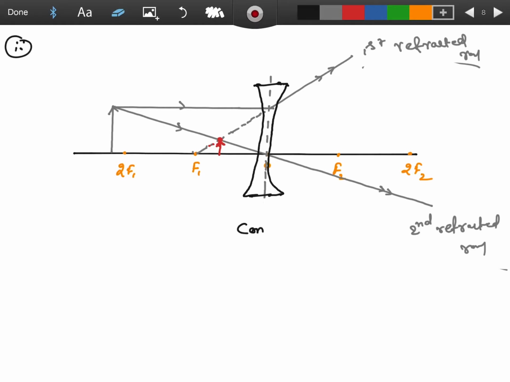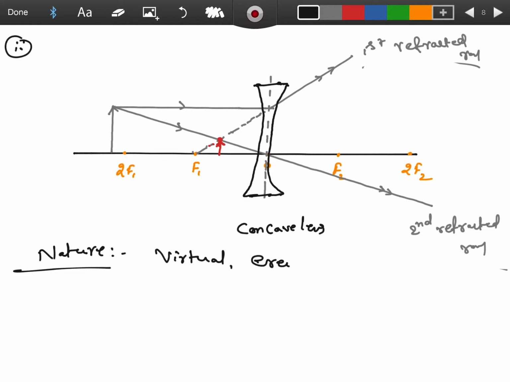Concave lens. Coming to the nature of the image. Nature: virtual, erect, diminished.